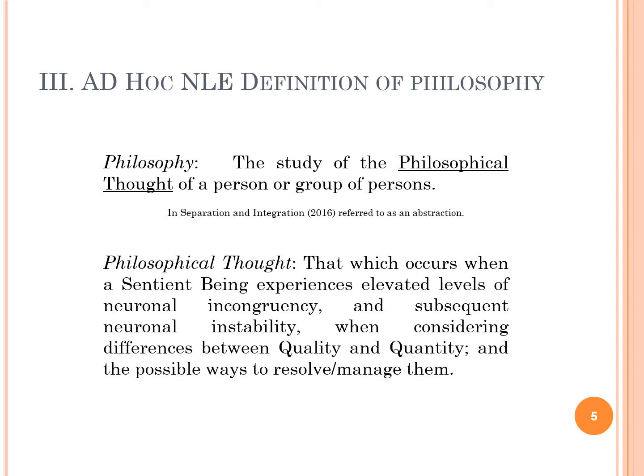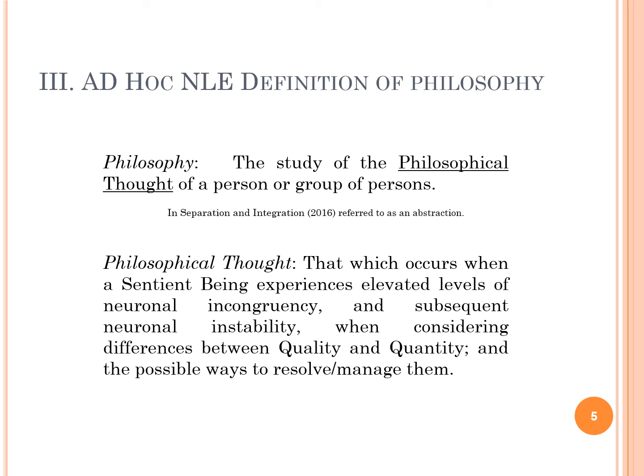nonlinear existentialism, which is a biological explanation of what we are and how it can express things that are considered abstract, in the case of philosophical thought. So that which occurs when a sentient being experiences elevated levels of neuronal incongruency and subsequent neuronal instability, when considering differences between quality and quantity and the possible ways to resolve, manage them.